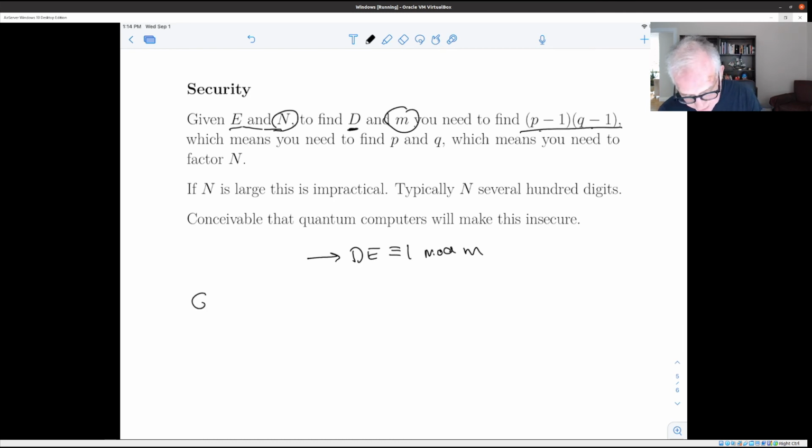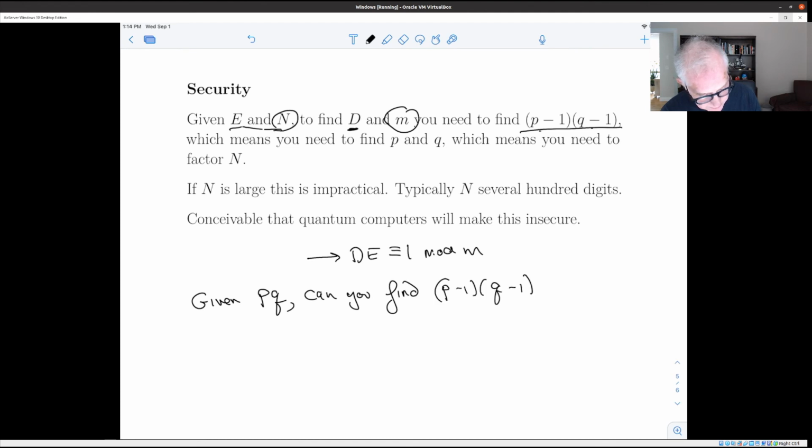So given PQ, can you find M? And what's amazing is that as far as anybody knows, the only way to figure out M is to factor the number n and find its prime factors p and q, and then compute p minus 1 times q minus 1.